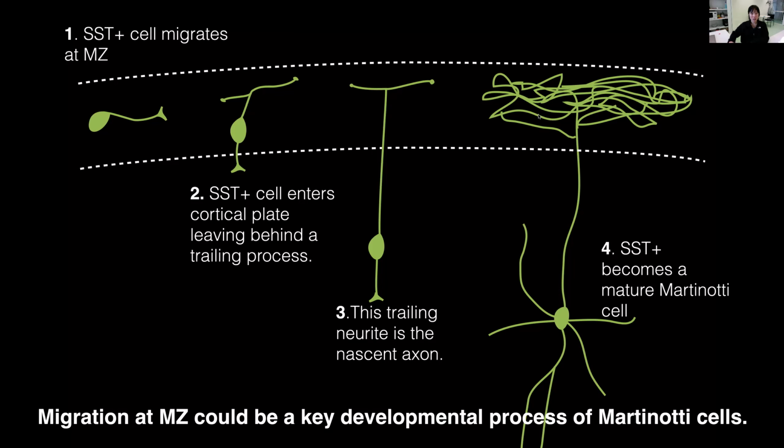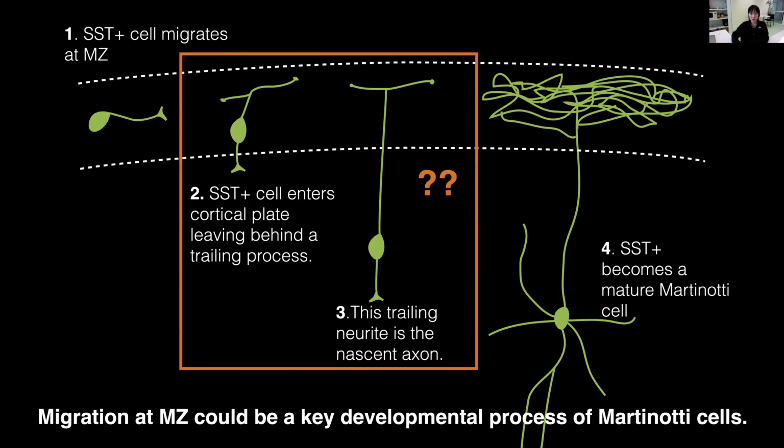This means that the implication is that migration at the marginal zone is therefore a key developmental process for the maturation of this type of cell. Now, what I've shown you is that indeed a cell that migrates at the marginal zone eventually becomes a Martinotti cell with this pure electroporation method. What I have not shown you is whether this part of the model indeed is true.